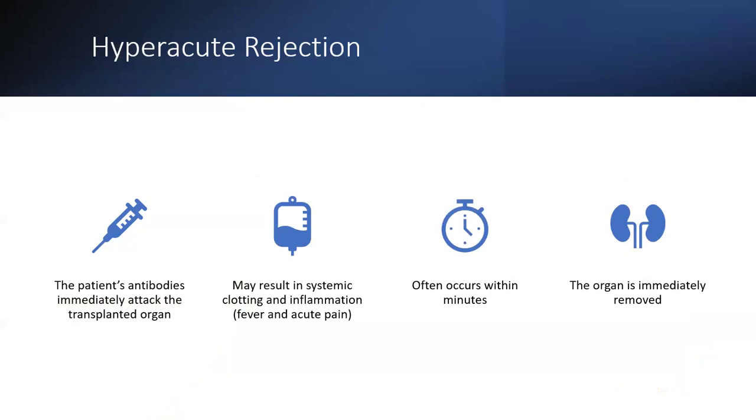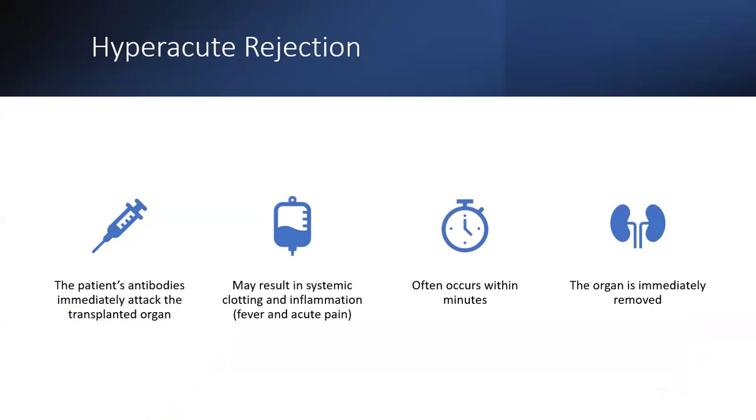So we have several types of rejection. The first type of rejection happens within the OR. As soon as we get the new organ put into the body and establish blood flow to it, this type of rejection happens in minutes. So the patient's immune system immediately attacks the organ.